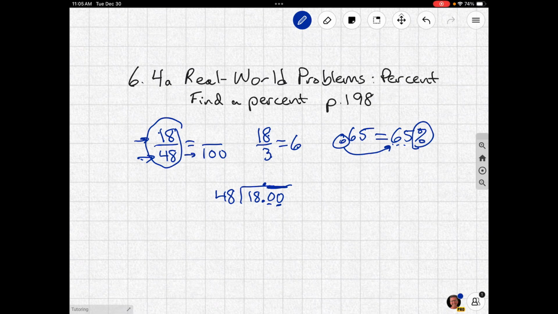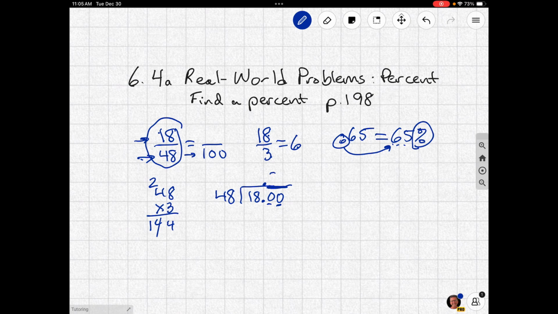Well, let's just use our guess and check method. 48 times 2 is close to 50 times 2, which is 100. So 48 times 4 would be 200, and that would be too big. So I'm guessing it's going to be 3 times. 8 times 3 is 24. 4 times 3 is, that's 144.